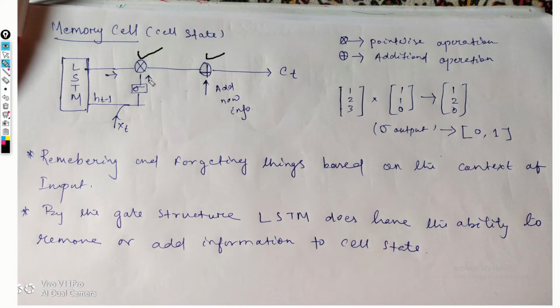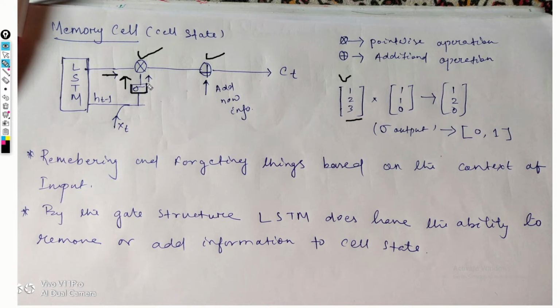So here in the layer, what happens as the information comes? Suppose the previous cell state has this particular information, 1 2 3, I'm just taking an example. And this particular output is coming from the sigmoid activation function.